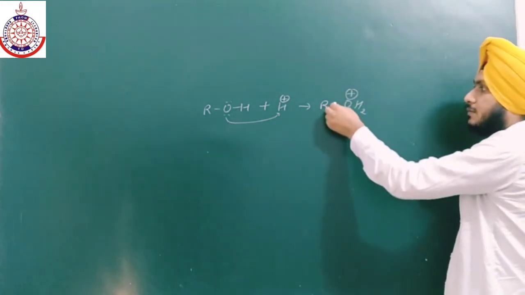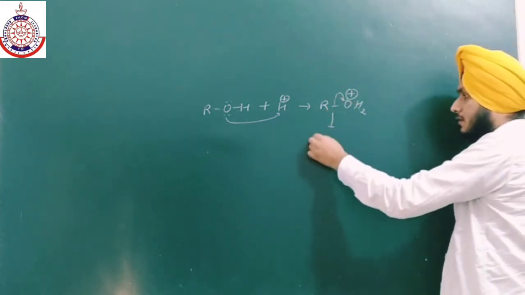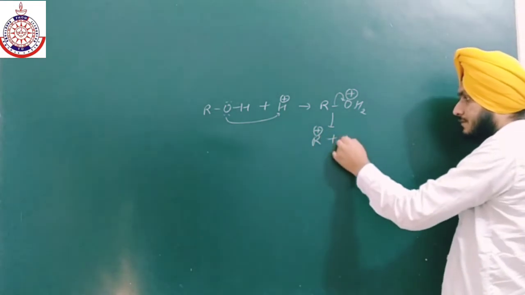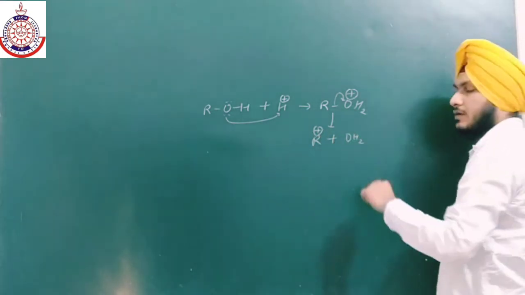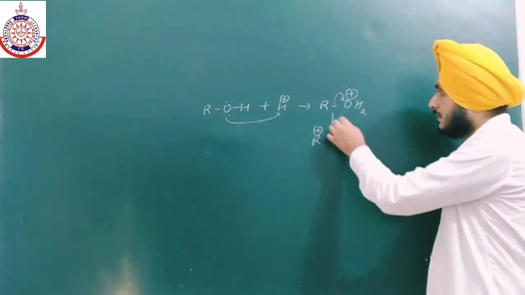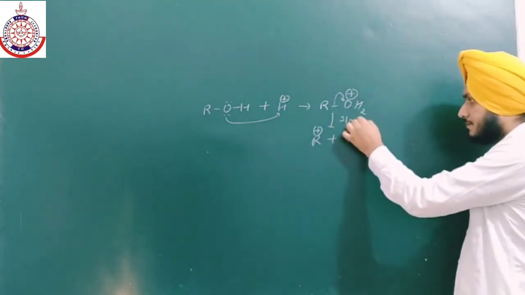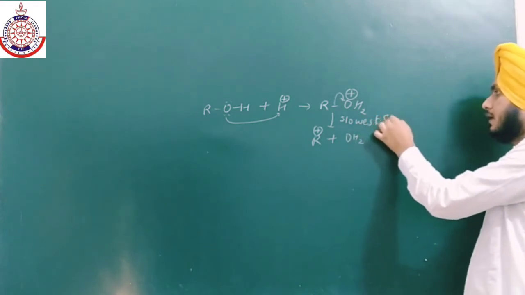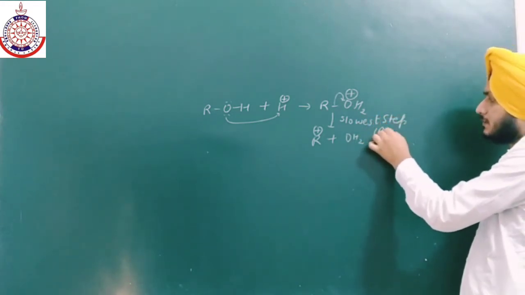Then this bond breaks and we get R positive. Now this is a carbocation, and this step is the slowest step as well as the rate determining step.